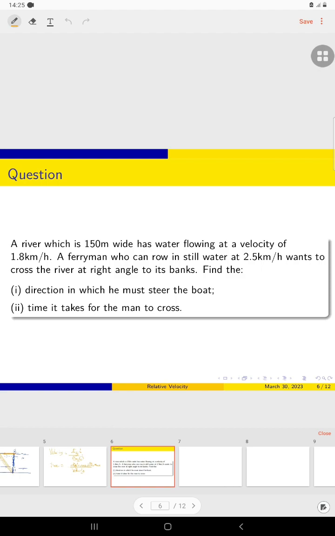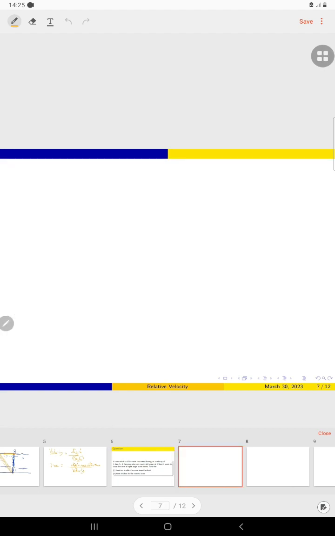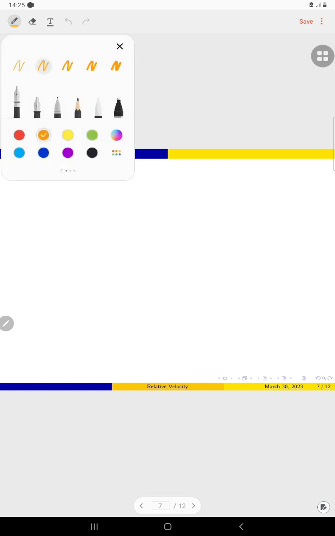You see, this question explains what I was talking about. Find the direction in which he must steer the boat and the time it takes for the man to cross. So, solution.